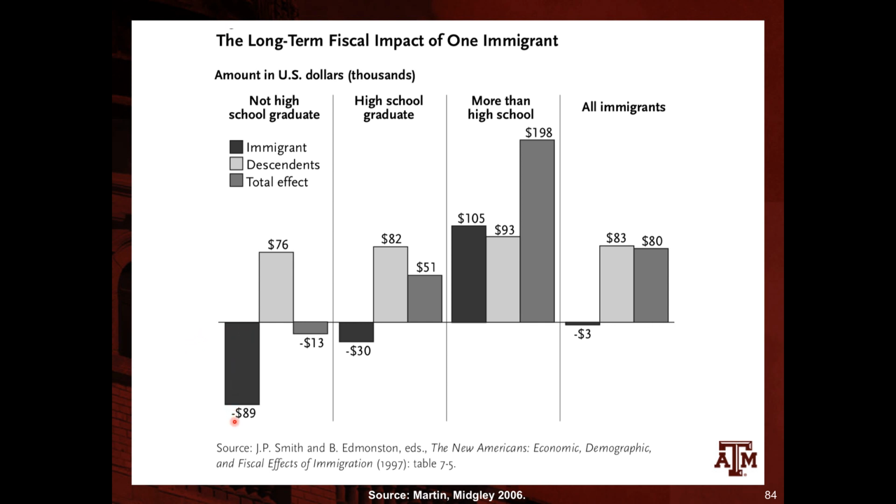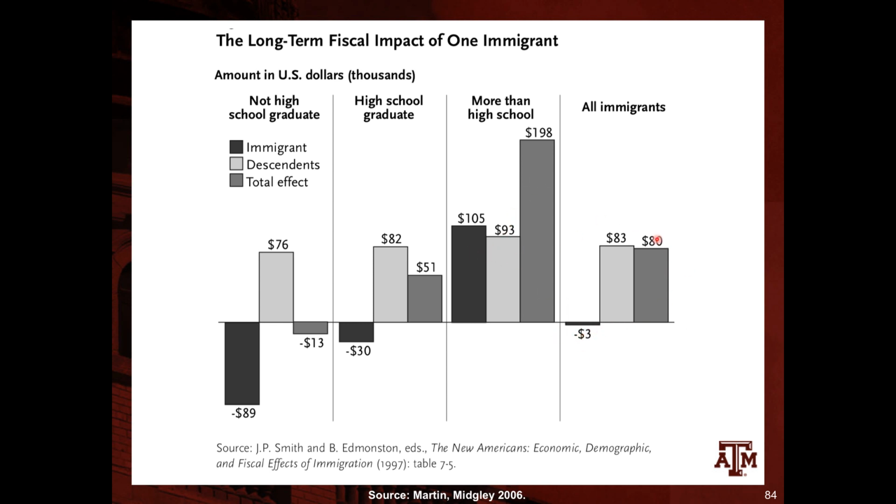And these negative effects tend to be higher for those with low levels of education and among the first generation immigrants. But when we look at immigrants with higher levels of education, then you see positive impacts in the first generation, second generation, and that's the overall effect, which is pretty much adding these two columns here.